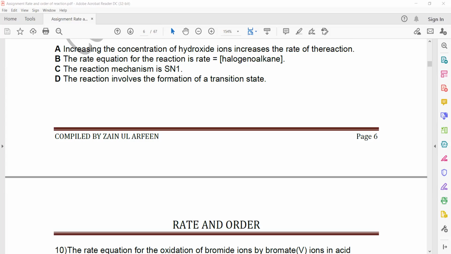The SN1 and SN2 reactions are related to what you covered in AS. Then in an SN2 reaction, what happens? There are two types of reactions in terms of substitution.